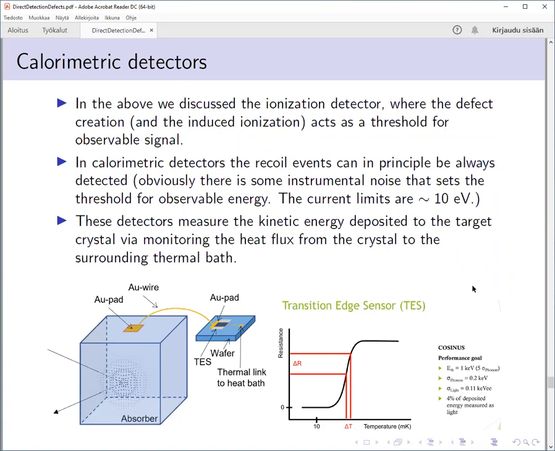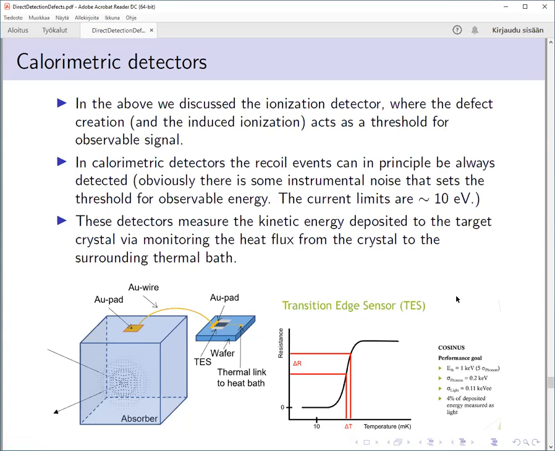So since the thermal coupling of this crystal to the thermal bath goes via this thermometer, the transition edge sensor, any scattering event that deposits energy in the crystal, the energy must flow via atomic vibrations, phonons, through your thermometer, and that's where you detect it.